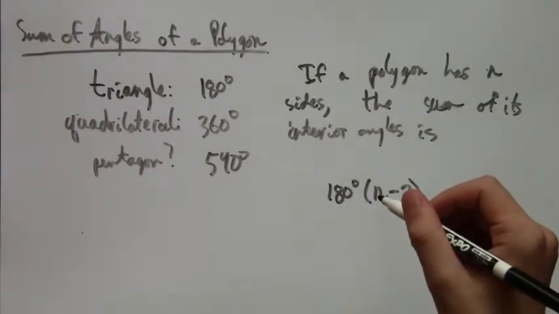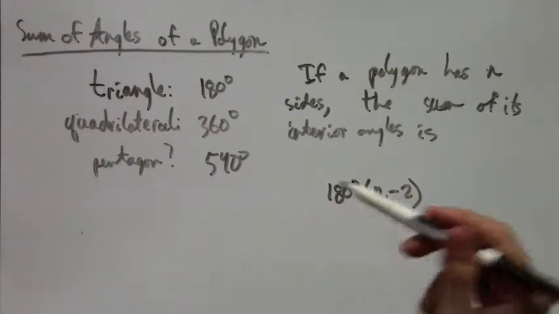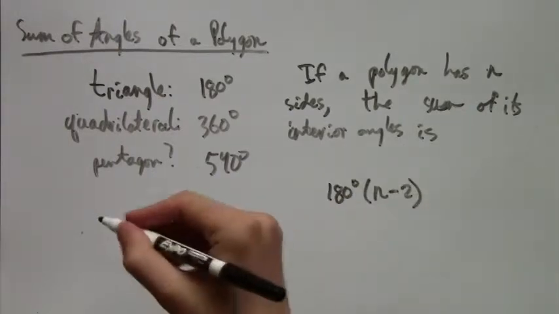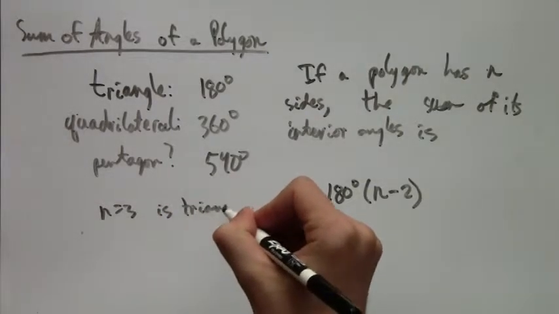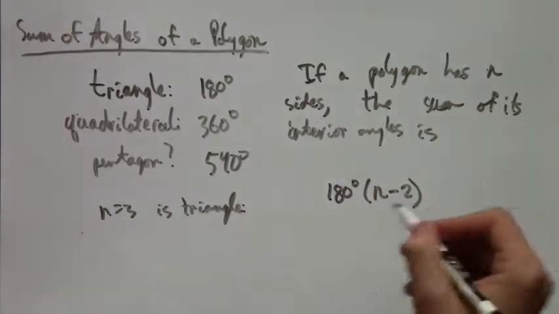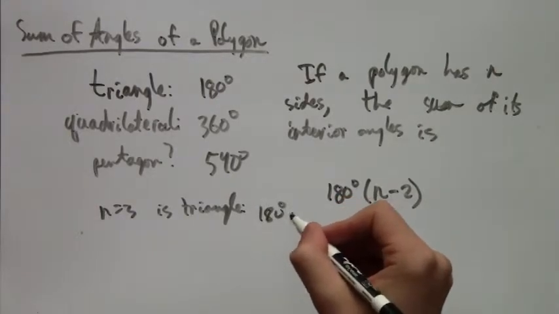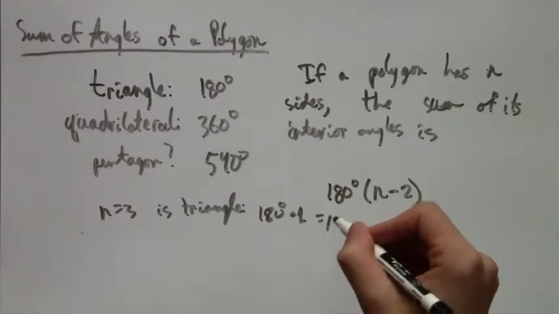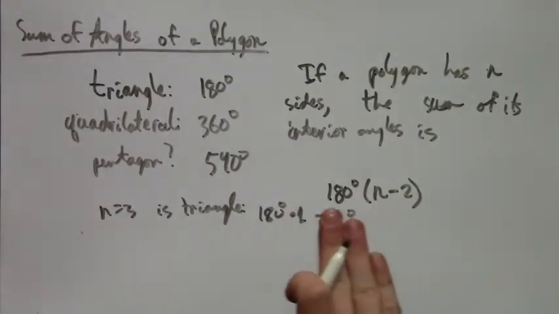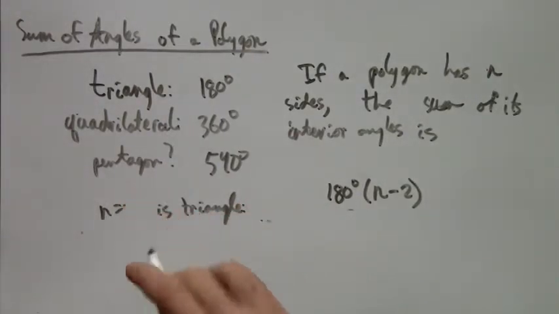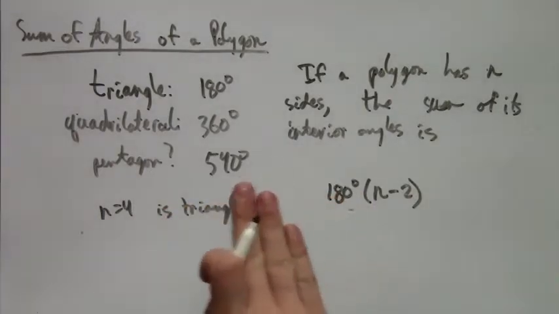So let's confirm it with some of the smaller values of n. For example, n equals 3 sides is a triangle. We know that the formula should give us 180 degrees. So let's test it out. We have 180 times (3 minus 2), which is 1. So that's just 180, so it's correct. What about n equals 4?